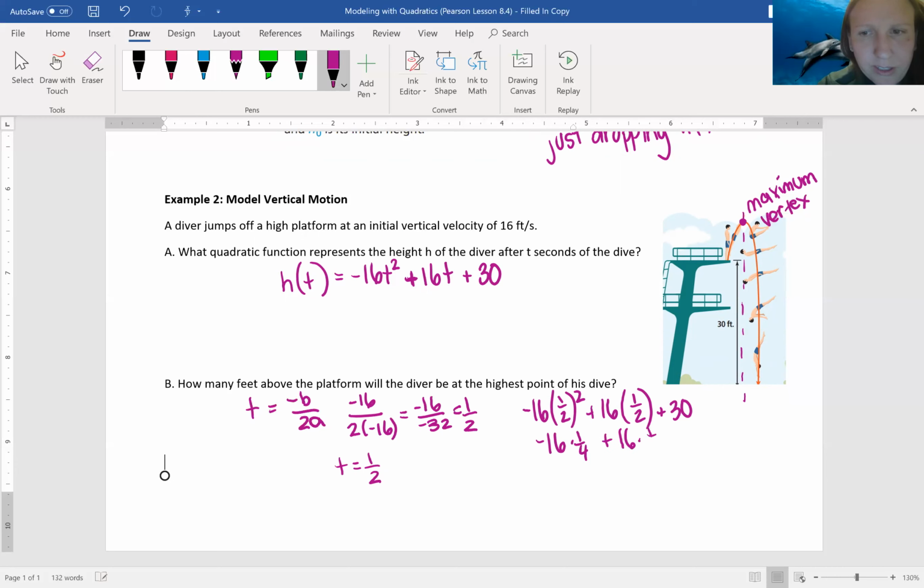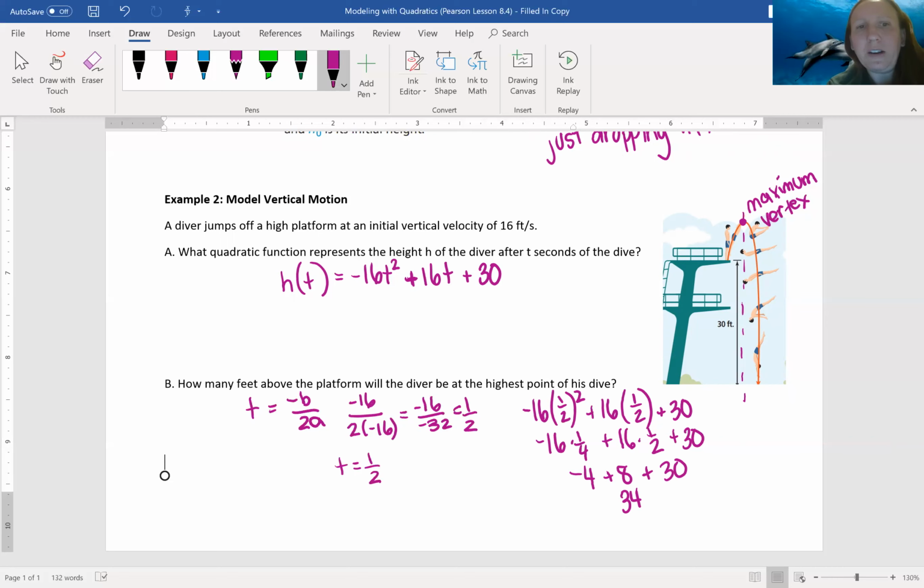Just bring everything else down. Now I can do my multiplication. A fourth of negative 16 is negative 4. Half of 16 is 8, plus 30. This would be 38, and 38 and negative 4 is 34. So the maximum height reached is going to be 34 feet.